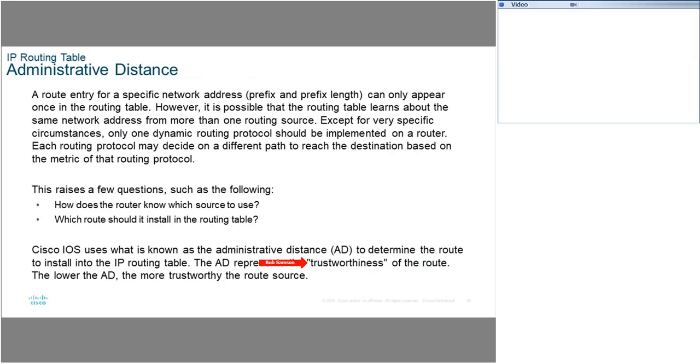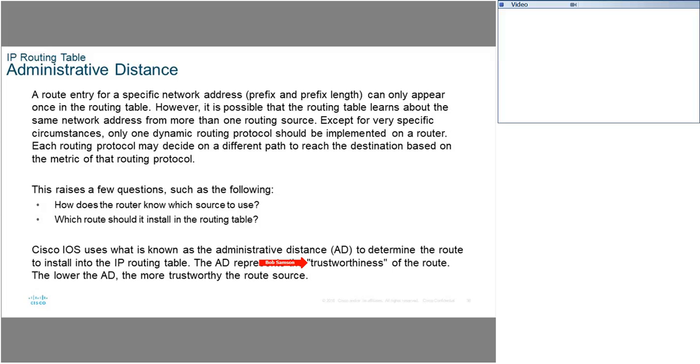I think a better term would be the desirability of the route, because for instance, if I've got two routes to the same network in my database, I would want to use the route that was presented to the database by the best routing protocol out there.